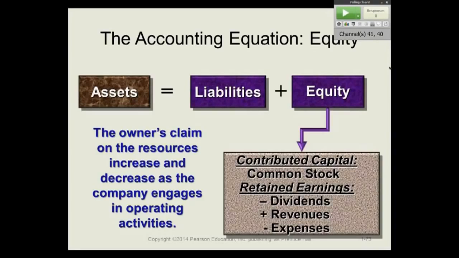And it will go down by dividends. Now, definitely need to explain that. What's another term? If I combine revenues and expenses, it gives you profit or loss. So this is your net income or loss for the period.